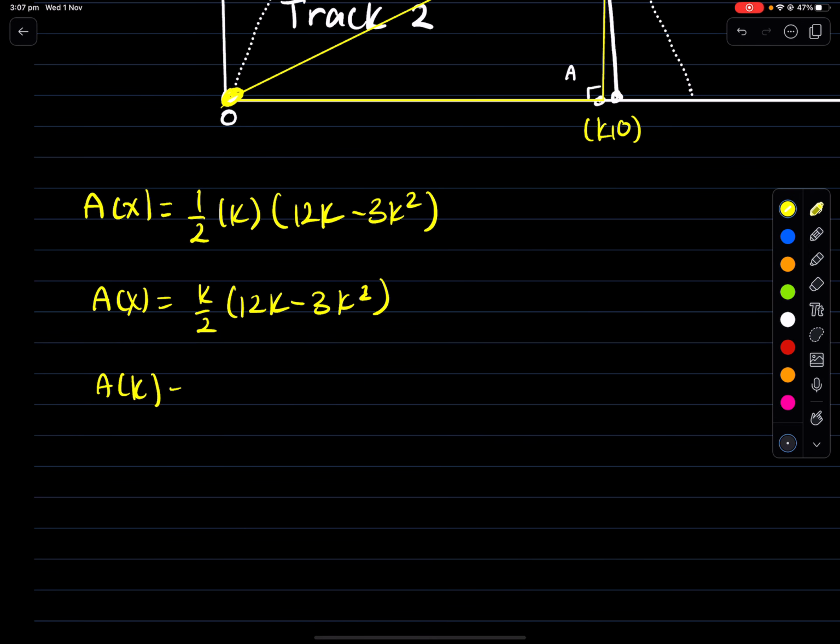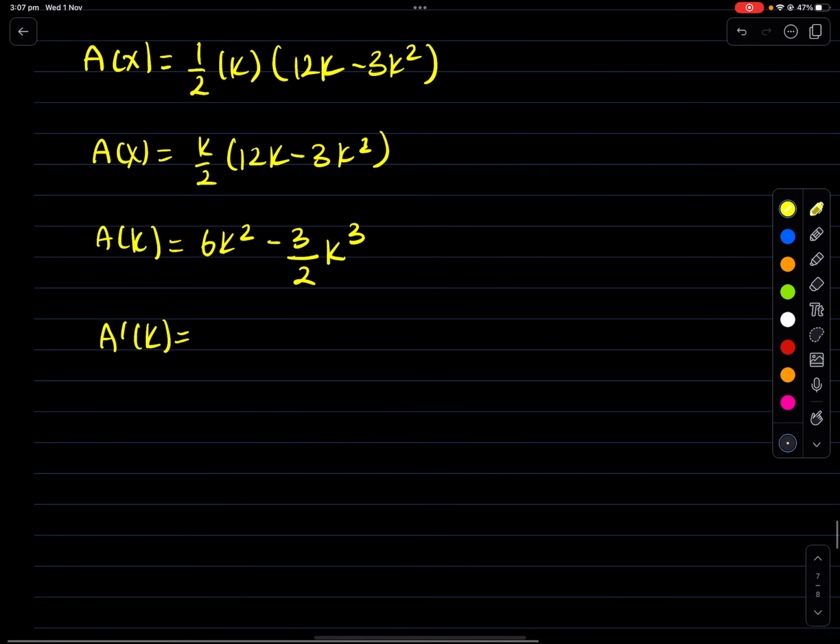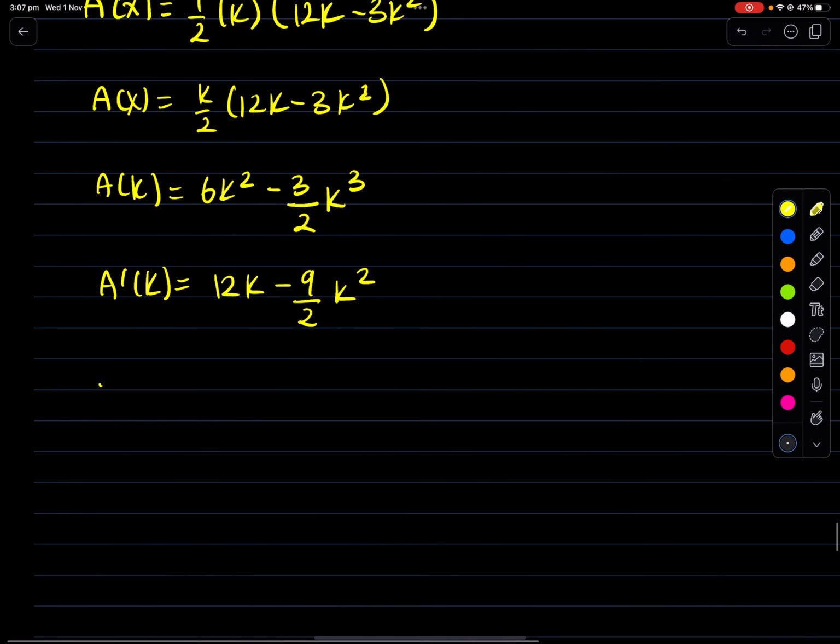A of k is 6k squared minus 3 over 2 k cubed, and we want to find A dash of k, the derivative, so that'll be 12k minus 9 over 2 k squared. So A dash of k should equal 0.